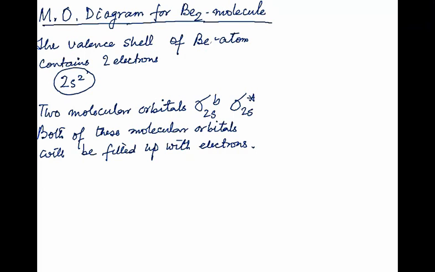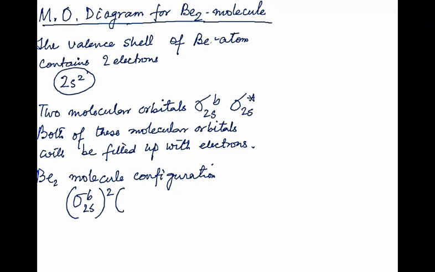Thus we can say that the configuration for the Be2 molecule is sigma 2s bonding, which has 2 electrons, and sigma antibonding 2s, which also has a total of 2 electrons.